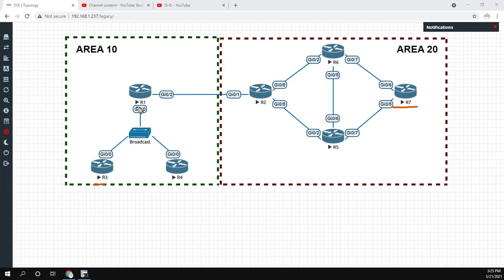I don't want to extend level 2, because I could, as a design point, because if you're studying for the CCIE, this is a design thing. I could just extend level 2 here, and then router 3 would know about all the routes. But I don't want to do that. What I want to do is show you how to do route leaking so that we just learn about router 7's loopback address.